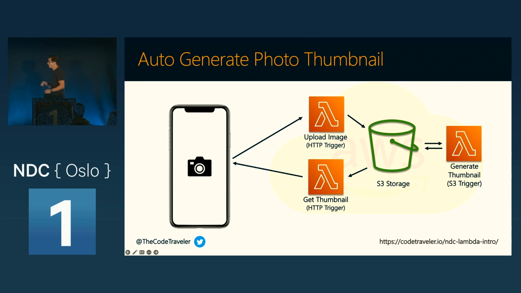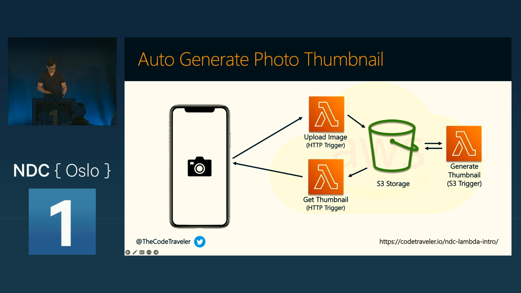This S3 trigger, as soon as that file's added, it'll automatically generate a thumbnail. It scales down that image to a 200 by 200 pixel photo, and then adds it back to the bucket. And now, when the mobile app goes to request the image, so when it says, like, give me the latest images, it gets served this 200 by 200 pixel image.